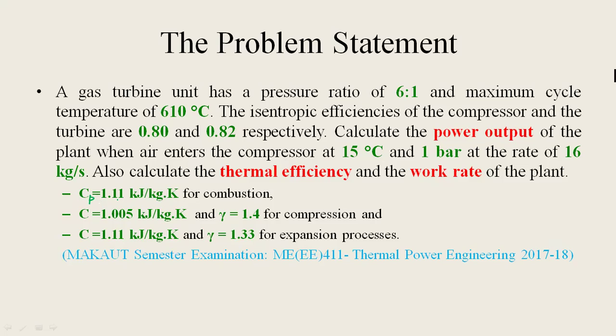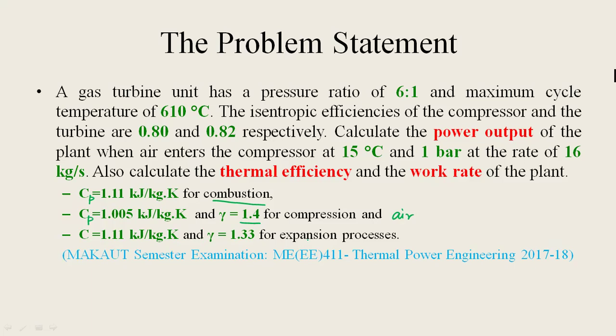So before compression, it is air, that is Cp is equal to 1.005 kilojoule per kg Kelvin and gamma is equal to 1.4. This is for air. And after compression, that is during combustion and during the expansion process in the turbine, the Cp values are taken for the product of combustion, that is 1.11 kilojoule per kg Kelvin during combustion and 1.11 kilojoule per kg Kelvin during expansion in the turbine.